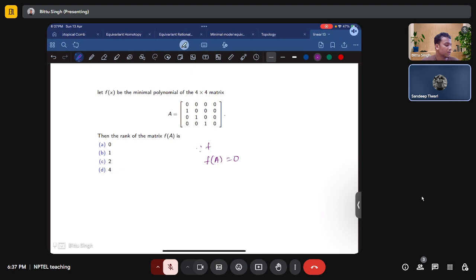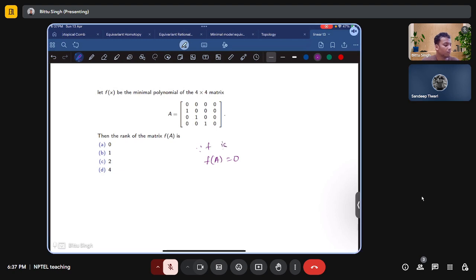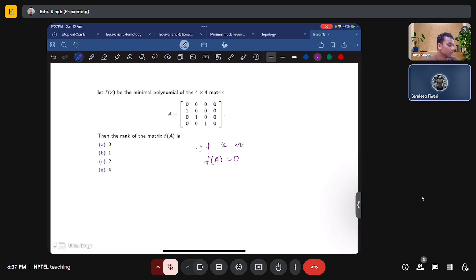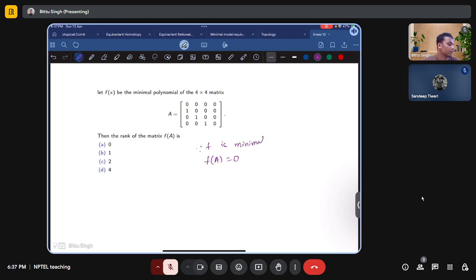Yes, sir. f is the minimal polynomial, that means the minimal polynomial is the lowest degree polynomial such that if we put the matrix in, it becomes 0. So f(A) is the 0 matrix, therefore what is the rank of the 0 matrix? 0. Yes, the rank of f(A) is 0.